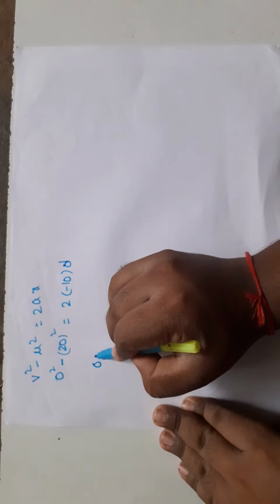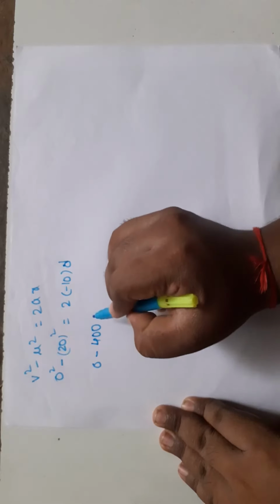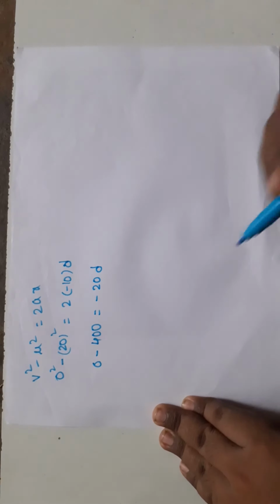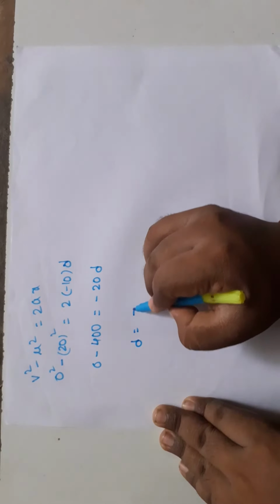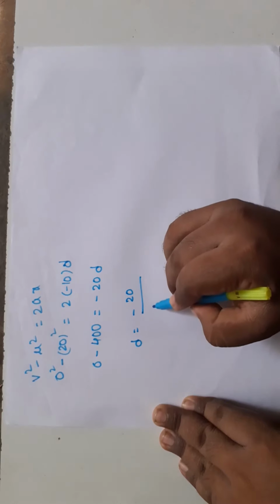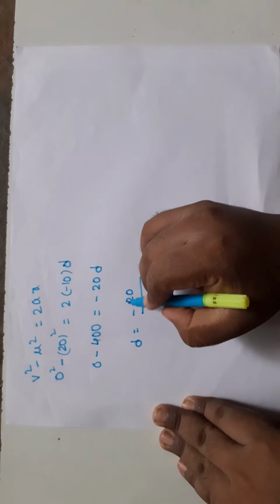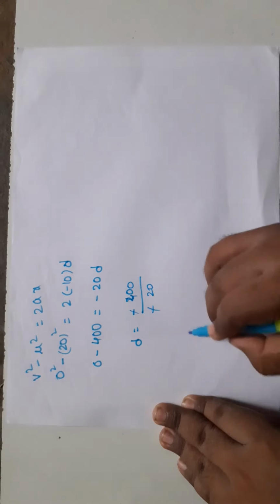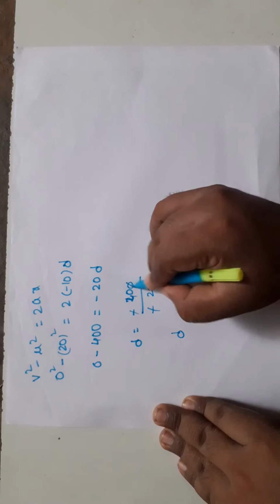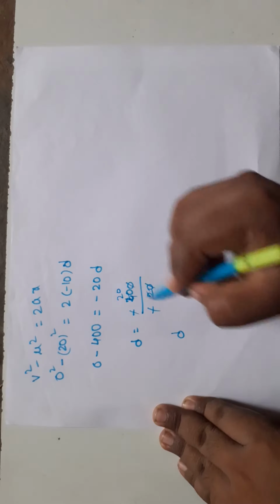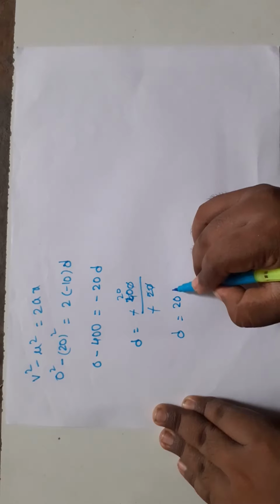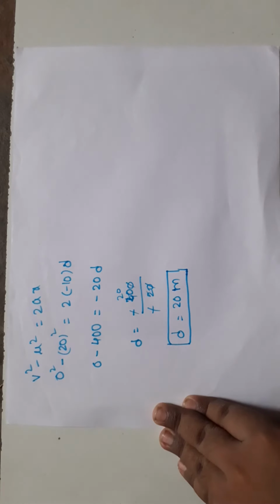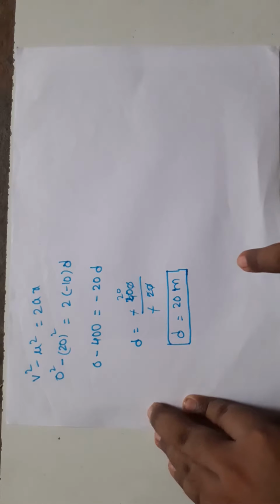So 0 minus 400 equal to minus 20 d. We are going to calculate the d value. d equal to minus 400 by minus 20. Minus minus gets cancelled. So 2 twenties, distance equal to 20 meters. So the maximum height reached by the ball is 20 meters.